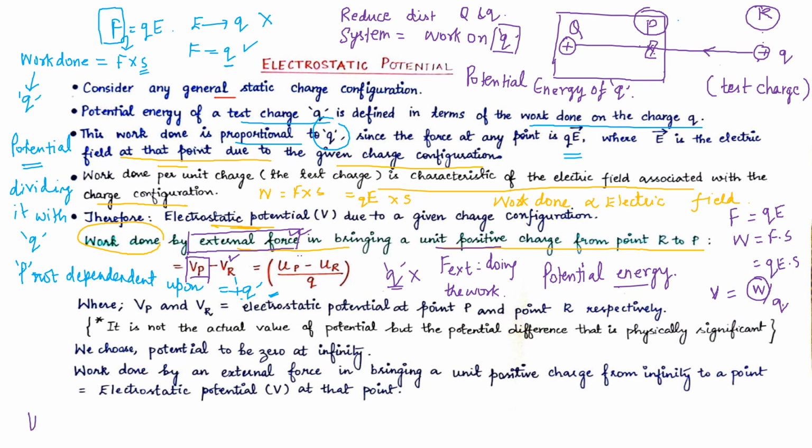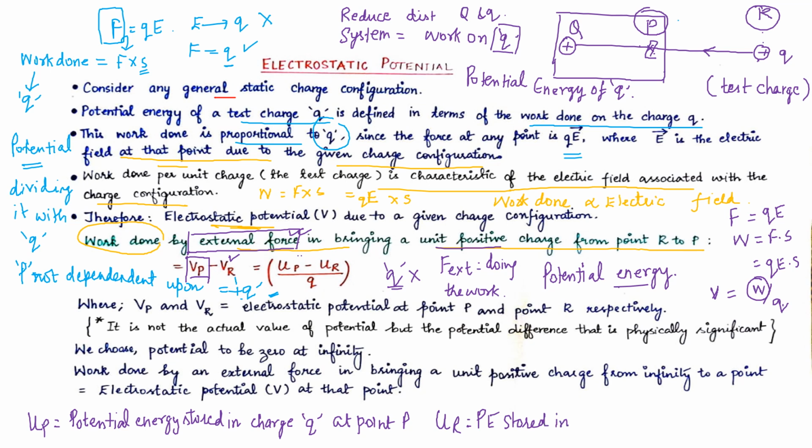Here UP is potential energy stored in the charge Q at point P. Similarly, UR is potential energy stored in charge Q at position R.